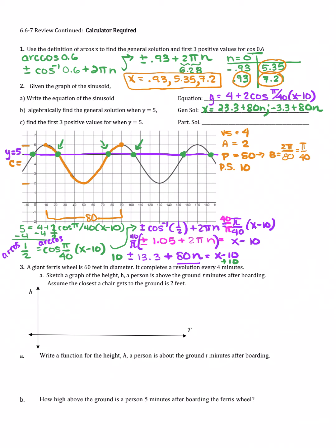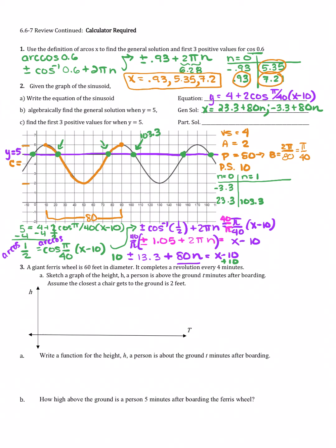And to find the first three positive values, I'm going to set up my little table of values. I realize I didn't give you much room here. So I have negative 3.3 and 23.3, and I'm adding 80 because that's my period. So this will be 103.3, which makes sense. This one's the 103.3.